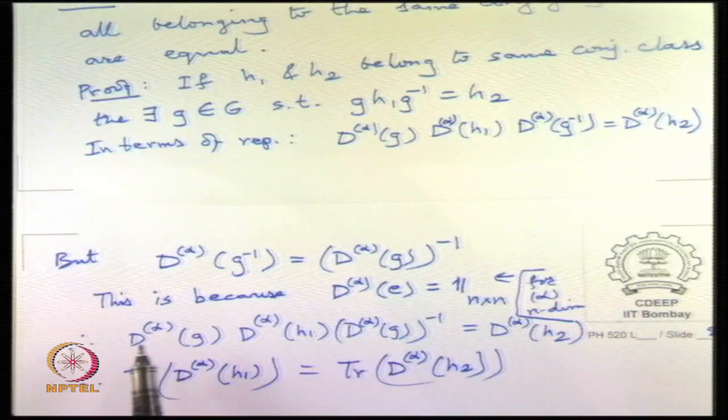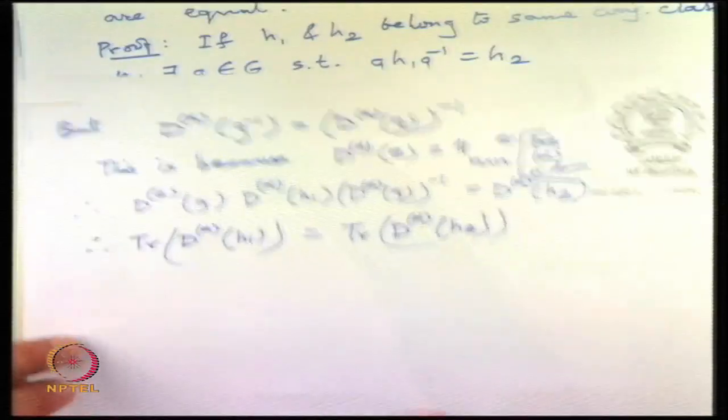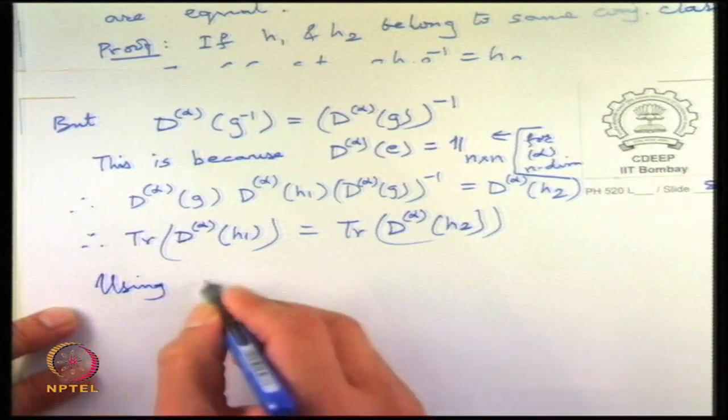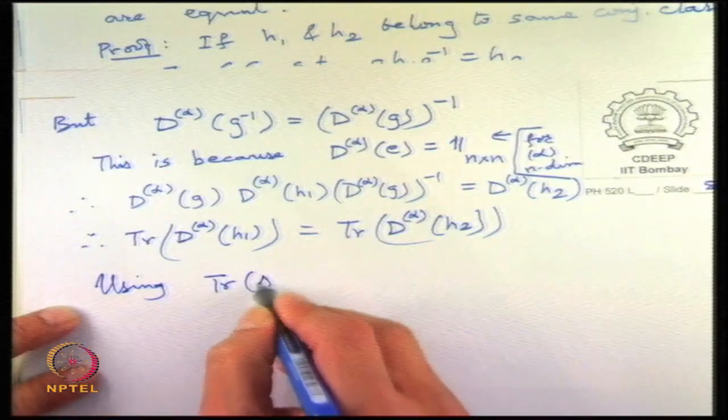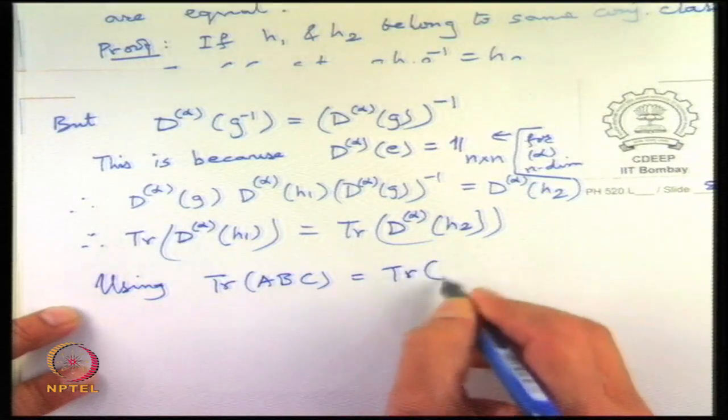D alpha inverse D alpha will be equal to the identity matrix, using trace ABC equal to trace of CAB.